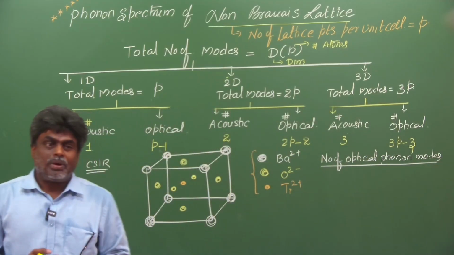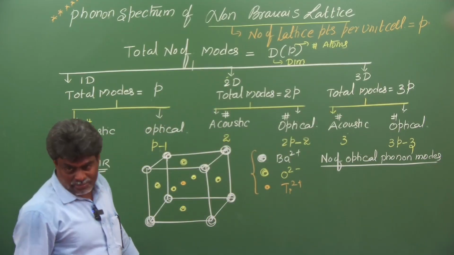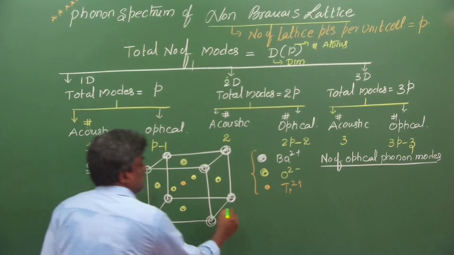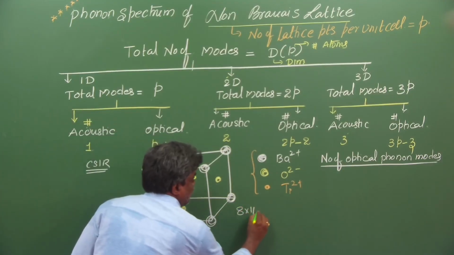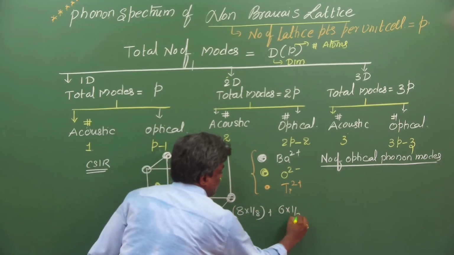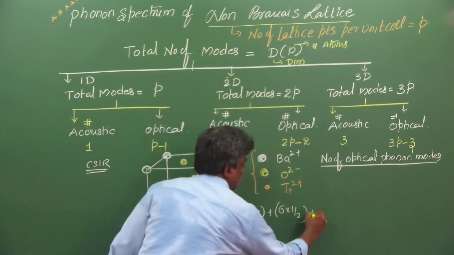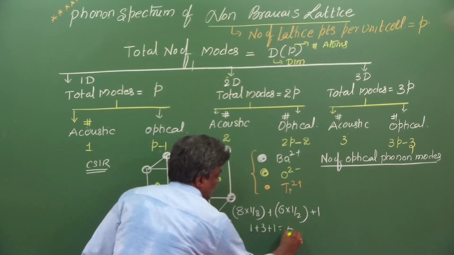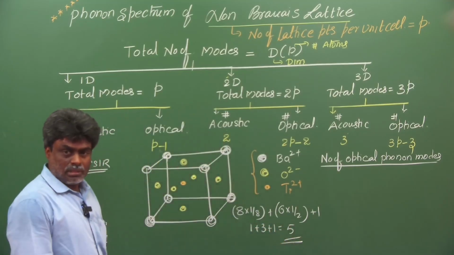First you have to find the number of atoms. Let us find it. 8 corners, sharing is 1 by 8. Face centered 6, 1 by 2. In the middle 1. So 1 plus 3 plus 1, that is 5 atoms. Is it 3 dimension?